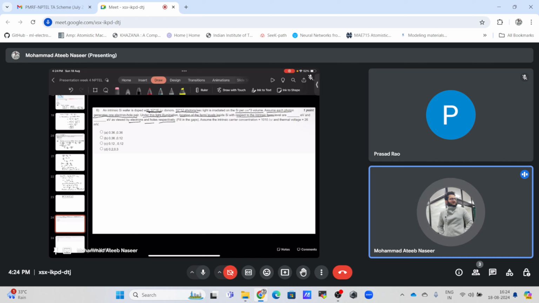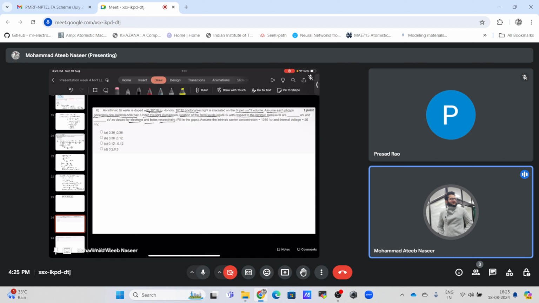Under this illumination, whenever we are illuminating it with light and generating electron hole pairs, for an n type material with donors of the order of 10 to the power of 16 and 10 to the power of 12 photons per second, we will not be able to generate enough electrons. The electron concentration will still be governed by the donor impurities because donor impurities are larger in number.